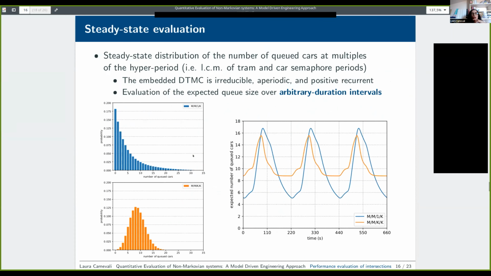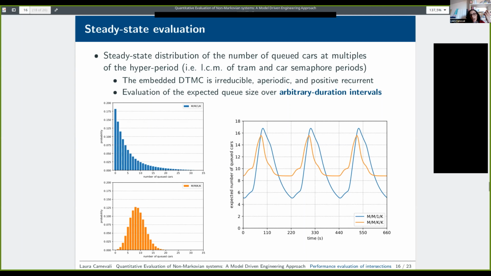Then we can perform the steady state evaluation and compute the steady state distribution of the number of queued cars over time. So this can be proved. I don't want to get into the details of this. But as I was saying before, this enables the evaluation of the expected number of queued cars over time for time intervals that have arbitrary duration.